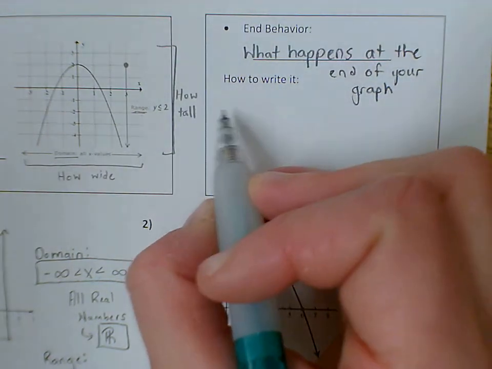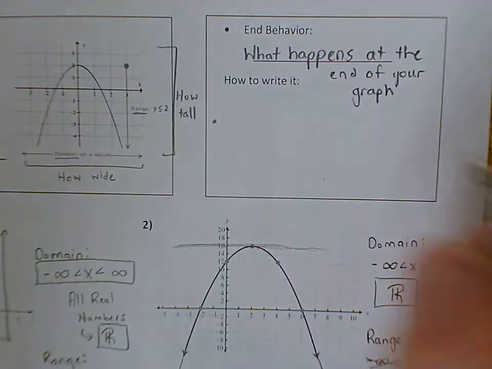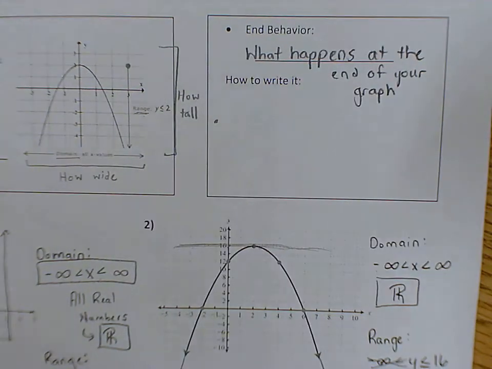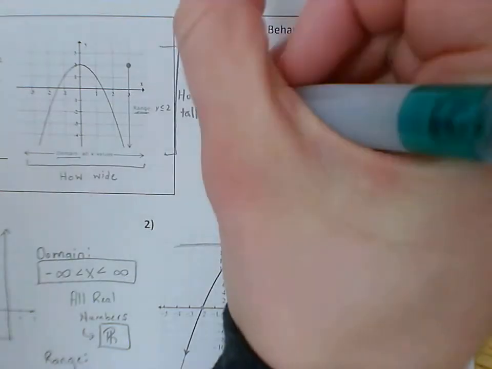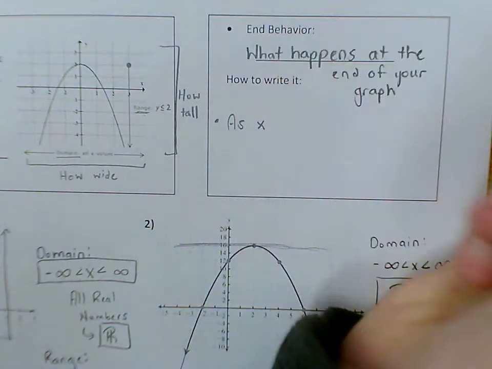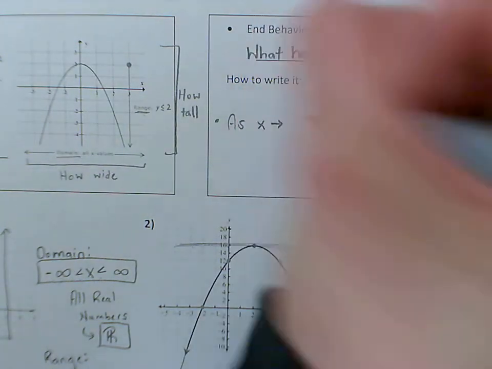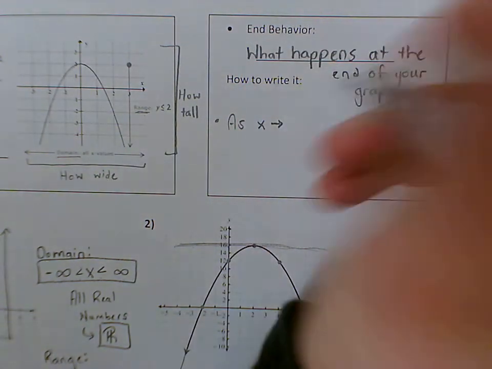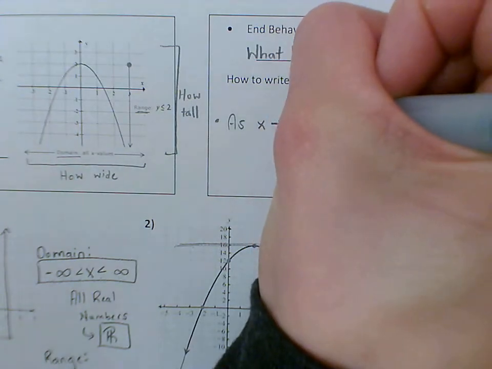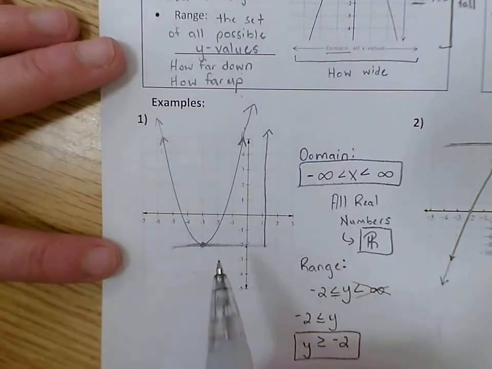The first thing you're going to have to write, I'll put bullet points, is you're going to look at the left side of your graph. The way to write that is you would say as x, because left and right is the x-axis, as x approaches, that's what the arrow means, negative infinity. So think about that: your x values approaching negative infinity.